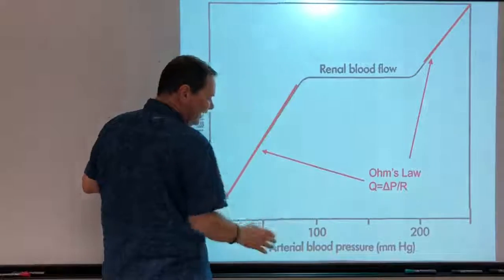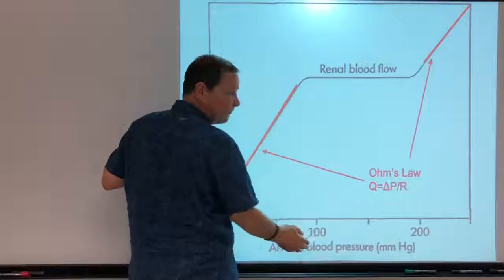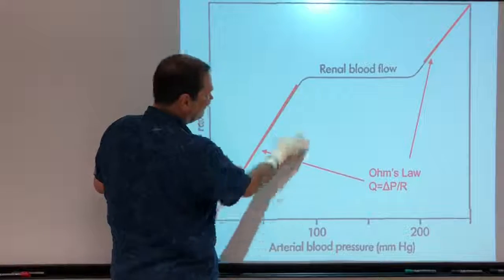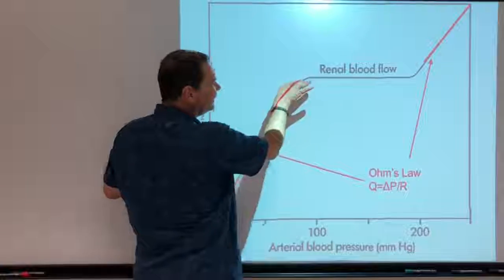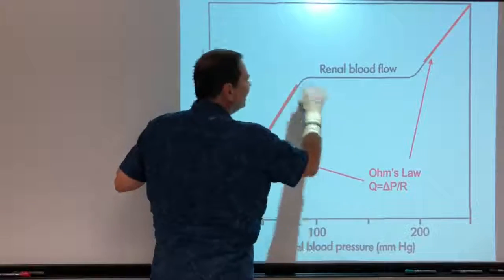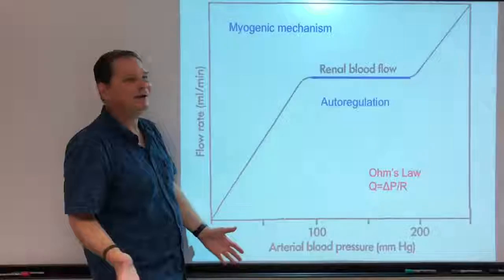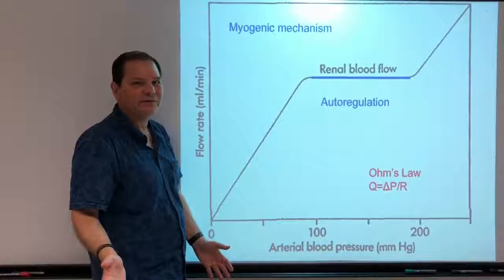Okay? Now, you hit a certain pressure, especially in the kidneys, about 90, something like that, 80 maybe. And then all of a sudden, the pressure can go up, but the flow's not changing anymore. It's held constant.